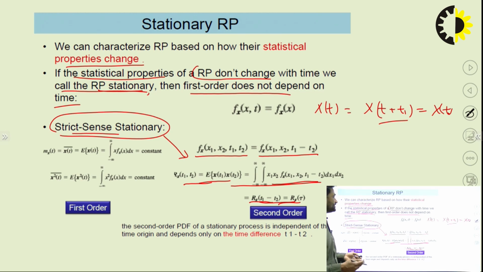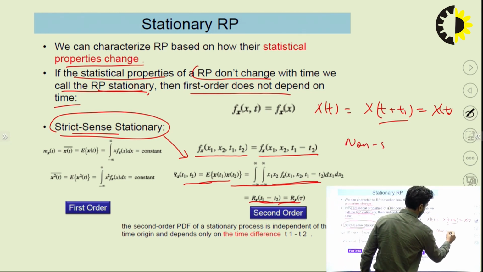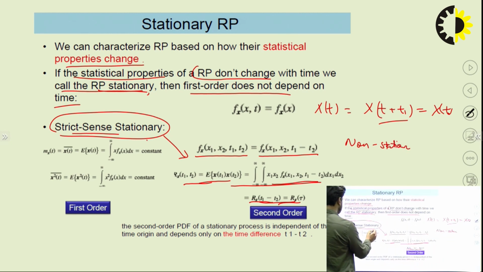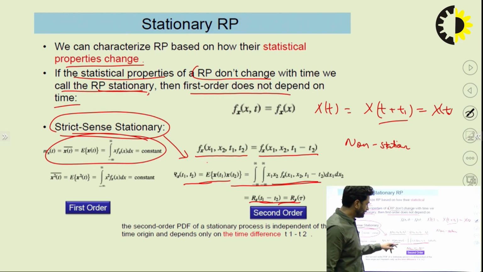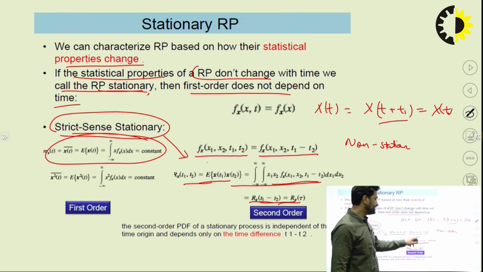When the process depends upon time, it's called a non-stationary process. If its mean is a function of time, or the PDF is a function of time, or the ACF depends on some other parameter, then it becomes a non-stationary process.